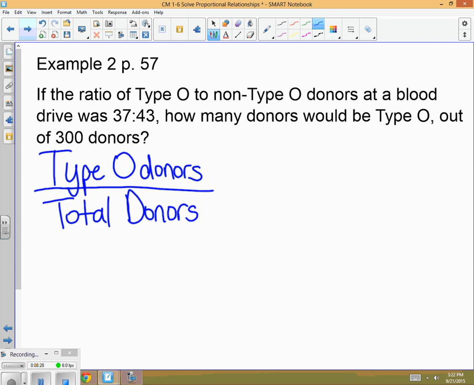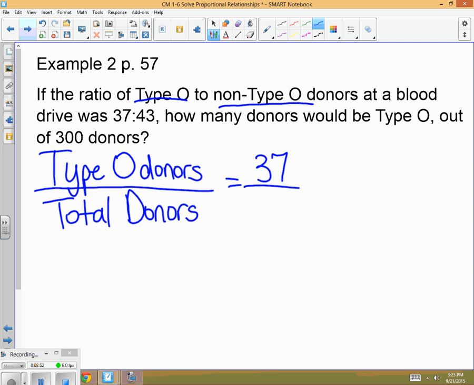So looking at the ratio, we have type O to non-type O, which is 37 to 43. So the type O donors would be 37 people. Now it's asking on the denominator for the total donors. Now you might be tempted to write 43 in the denominator, but that is not the total.